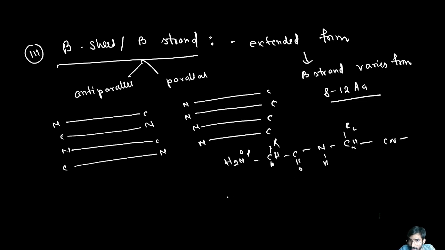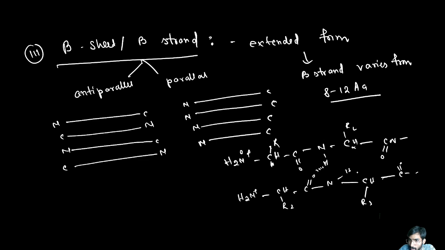This is one strand, and here is also another strand, NH2N, CH, R2, CO, NH, okay, and again CH, R3, something like that, and then C double O.